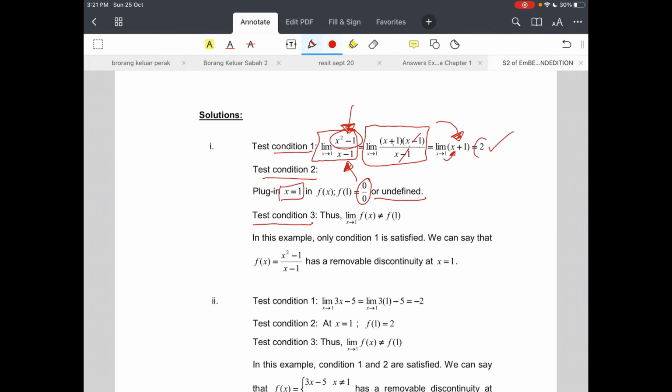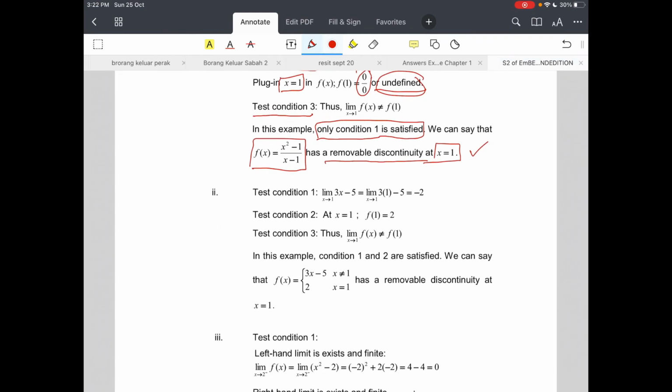Of course it is not the same. One yields 2, the second yields undefined, so it is not equal. Therefore only condition number 1 is satisfied. So this function has a removable discontinuity at x equals 1. This is how you answer it.